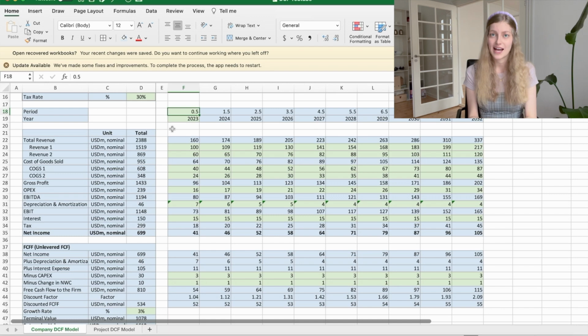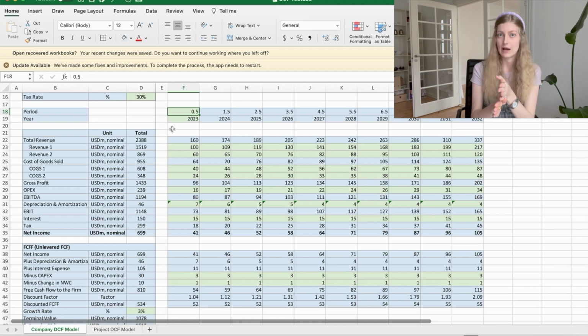And so because of that, we want to make sure that all of that is discounted by a good midpoint, which would be in the middle of the year. And that would lead us to discount it all by half a year instead of a full year. And so that's why it's at 1/2. And then the same principle applies to the entire period. And so that's why we use the midpoint discounting formula. There are very few cases where you would not want to use the midpoint discounting formula.